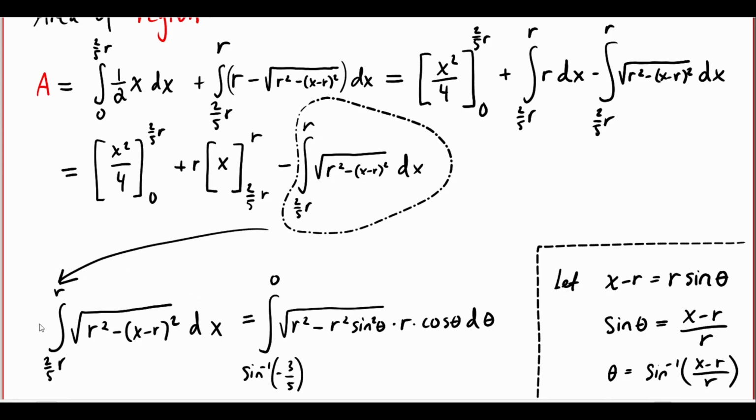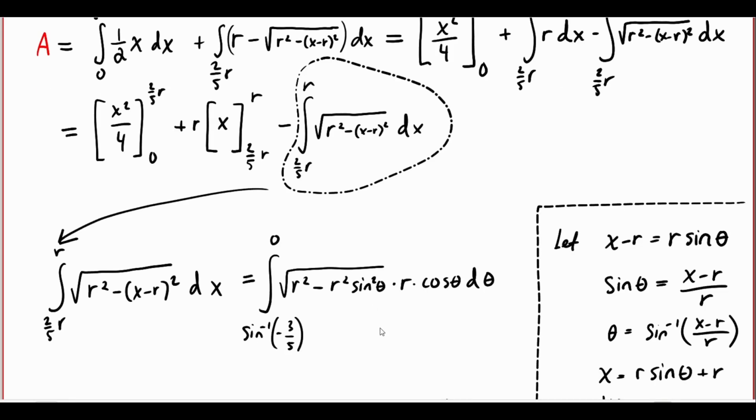In order to solve this integral, we have to use a substitution method, because this function consists of a square root with another function inside, so it's a composition of functions. And one way to solve this integral is to use the substitution method.